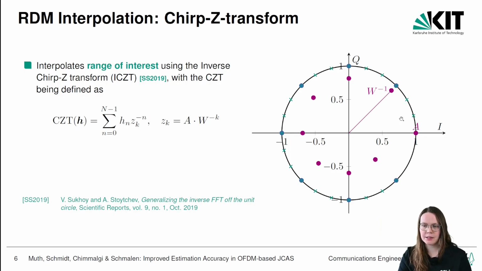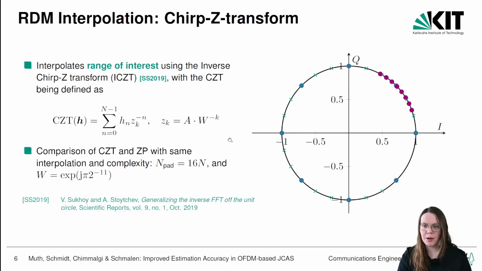So our A is our starting point and our W is basically our step that we go. But if we configure W with unit power, we can also just look at a small section here of the unit circle. And this is how we will use this CZT.